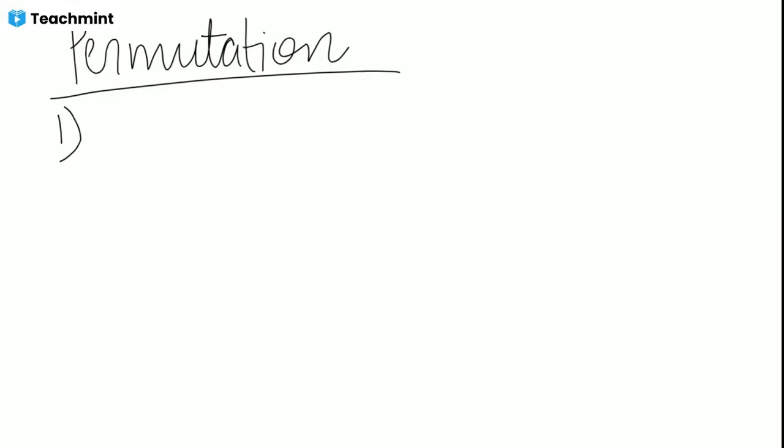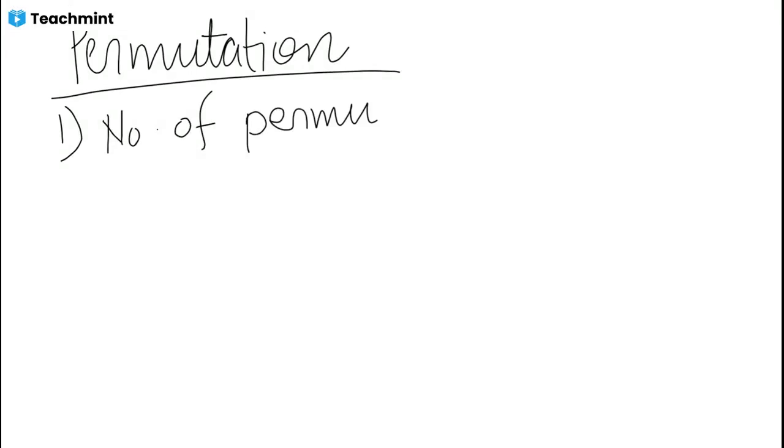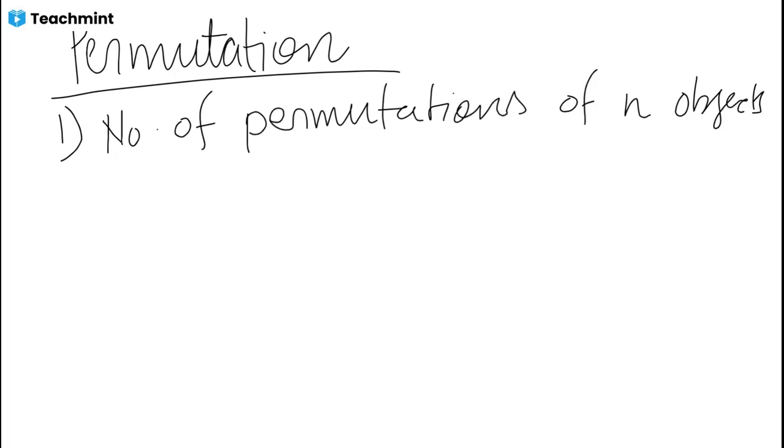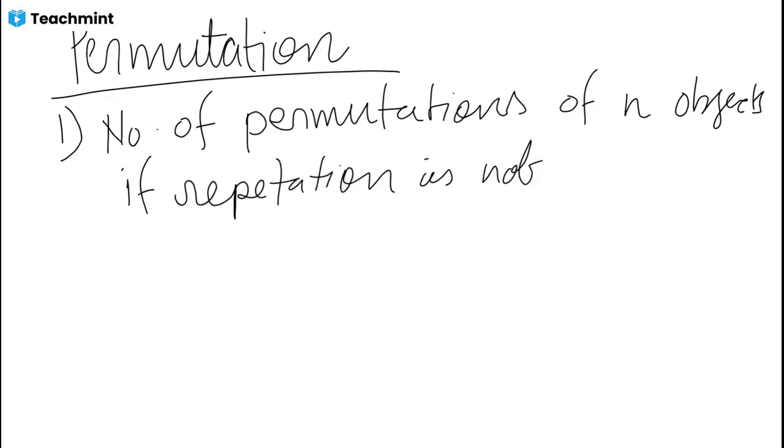First, the number of permutations of n objects if repetition is not allowed. I'll tell you by using an example also.